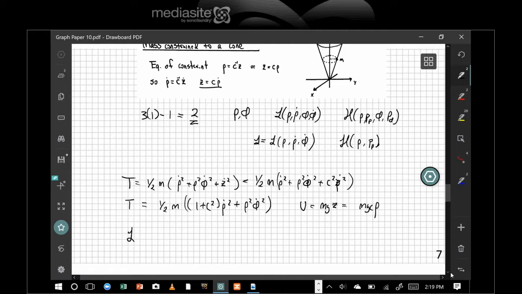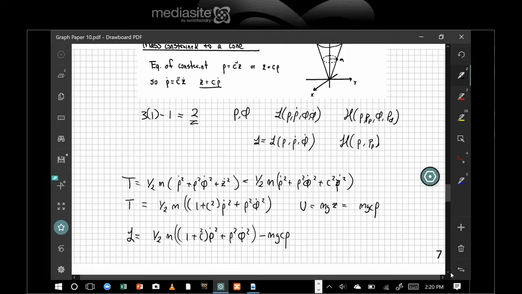So the Lagrangian is equal to just those two things subtracted from each other. Okay, so that's my Lagrangian.